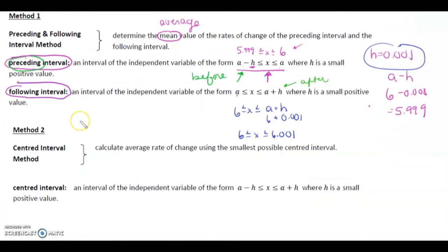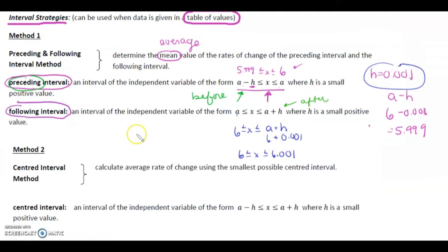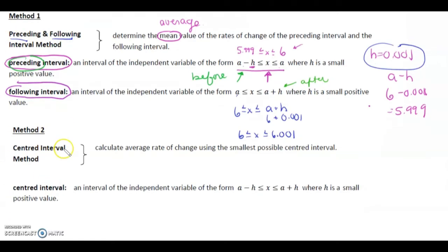All right, method 2. If you get a table of values, you have to use it. I may ask you on a test to use preceding, or following, or centered. So, the centered interval method: this is when we calculate the average rate of change. Even though we're talking about the tangent and IROC, we're actually going to calculate the AROC, average rate of change, using the smallest possible centered interval.